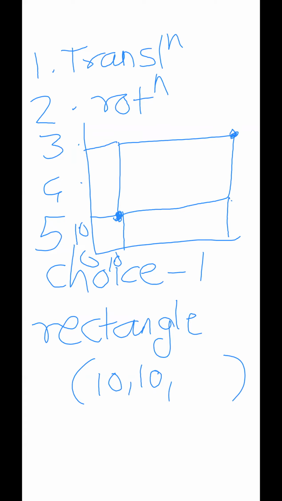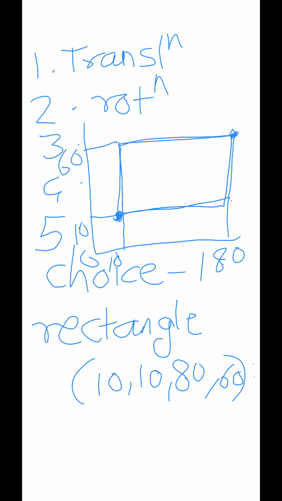Consider this is 80 and this is 60. When I pass the coordinates as 10, 10 and 80, 60, I will get this type of rectangle displayed on my screen.